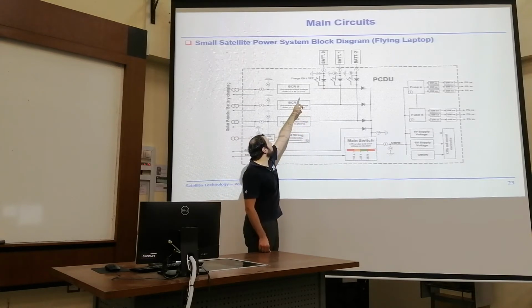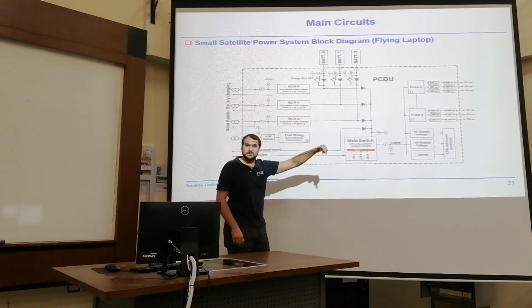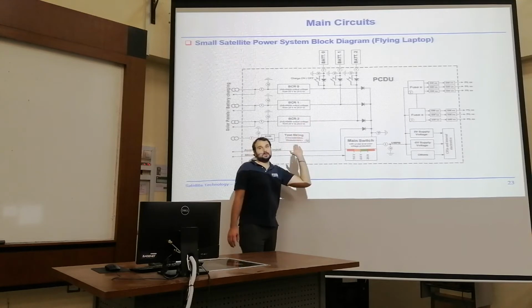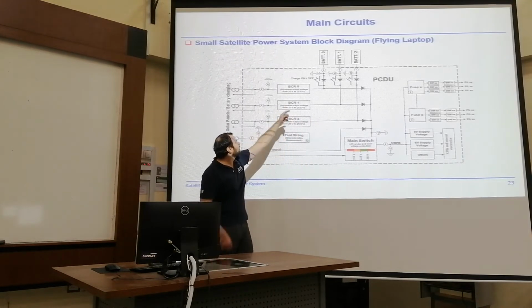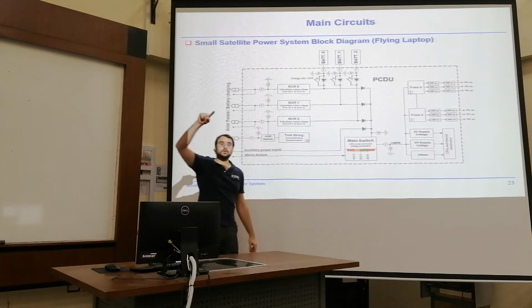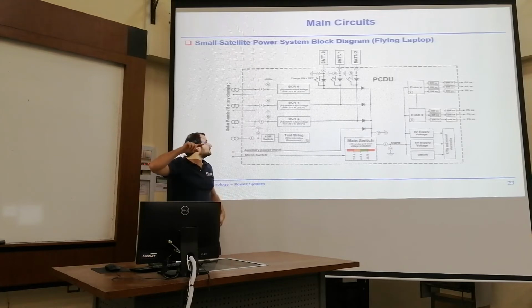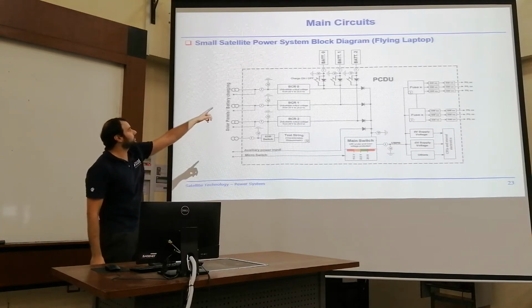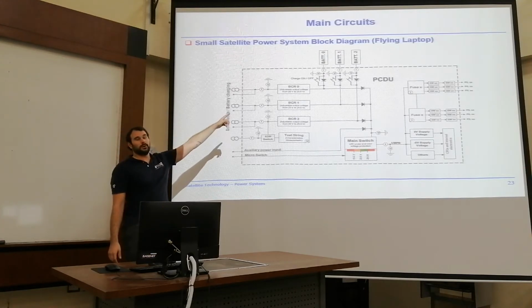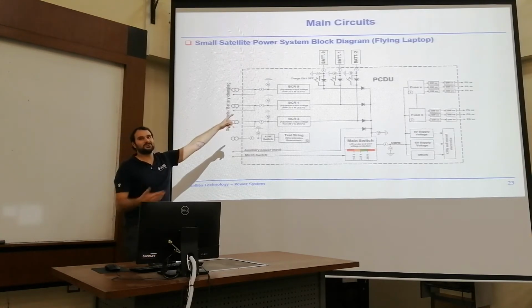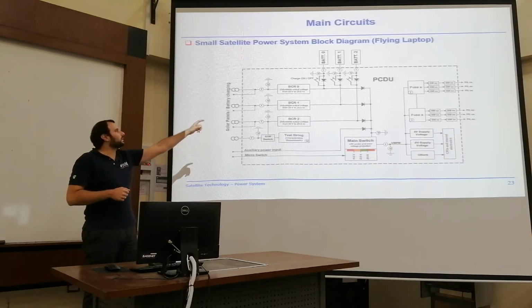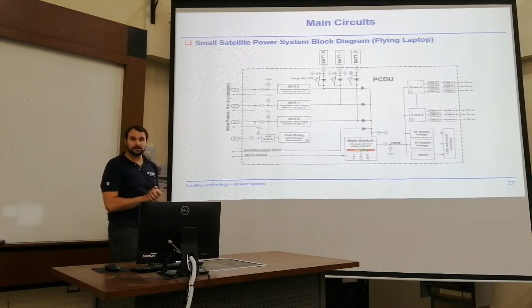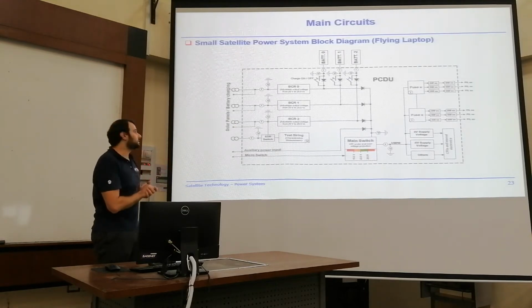If we have the switch open, we can only discharge because of the diode there. If we close the switch, then we short this diode and can then charge the battery. Again, measuring the current and the actual voltage, we have a good set of telemetry to control our PCBU unit.